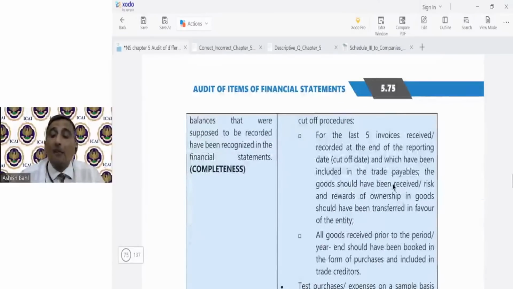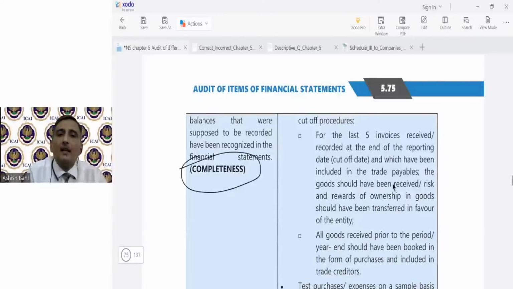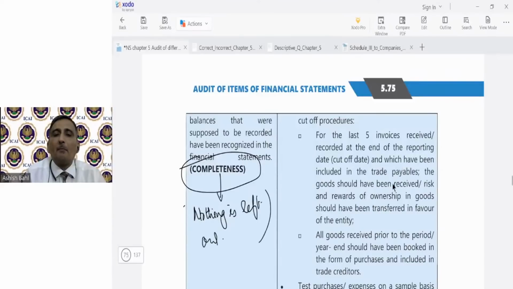And what about completeness? So what was completeness? All the balances which should have been recorded are in fact recorded. This is the meaning of completeness. So in simple terms, I say that nothing is left out. For the purpose of remembering, you can remember it that way, nothing is left out.